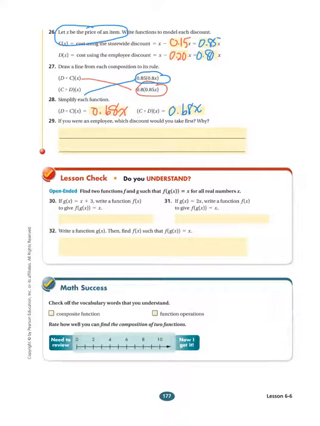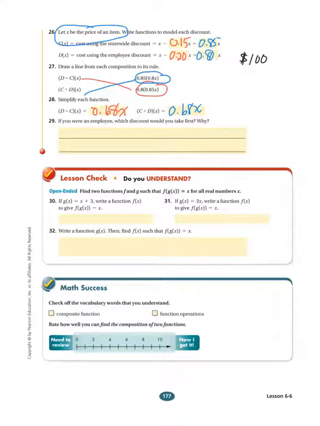If you were an employee, which discount would you take and why? Well, it doesn't really matter. But let's just see, did this really work out correctly? So let's take $100, just for chuckle's sake. I have a $100 item, okay? Now, either the store took their discount first and then gave me my discount.